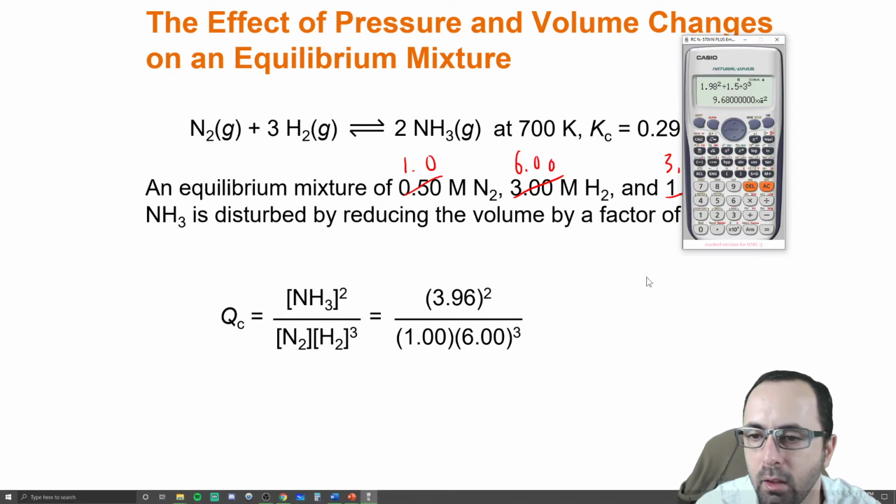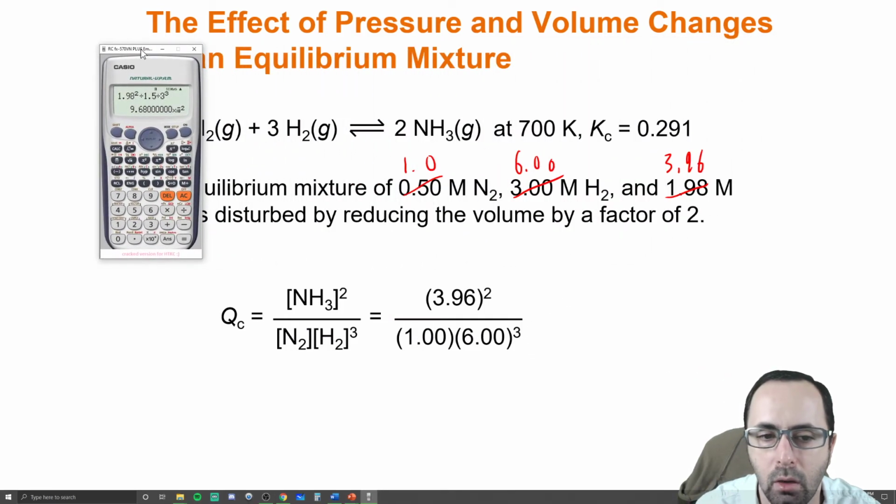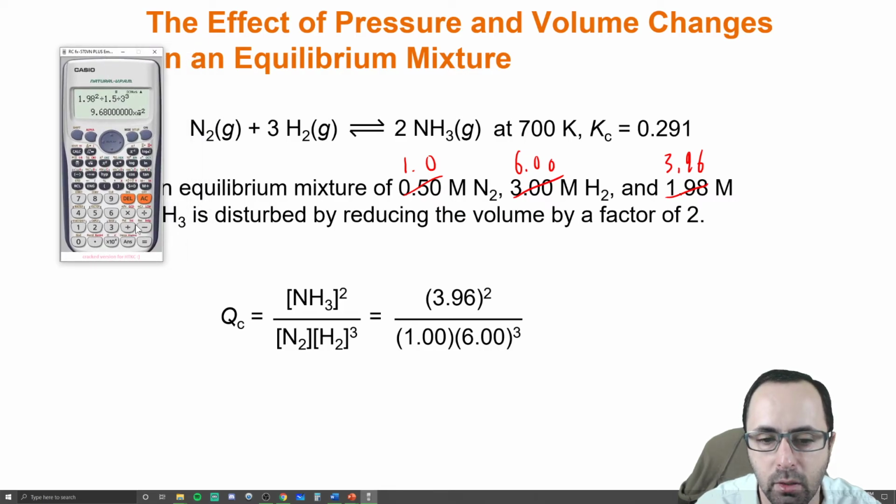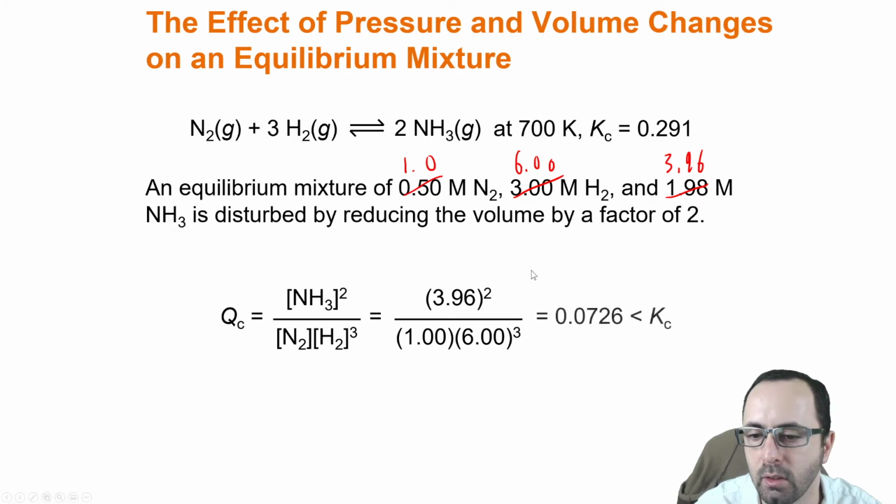And so now let's calculate this new Q here. So our Q is going to be 3.96 squared divided by 1 divided by 6.00 to the third power. And we get a Q that is 0.0726. That is less than K.